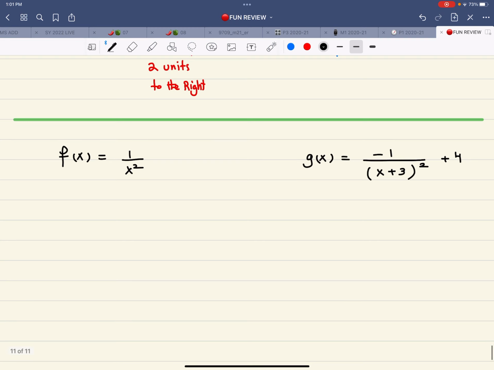The examiner would ask, write down 3 transformations that map f(x) onto g(x). What are those 3 transformations?